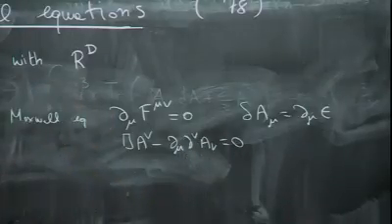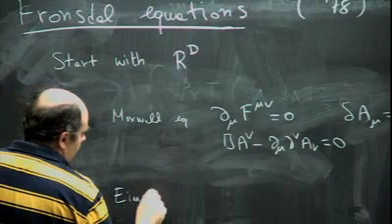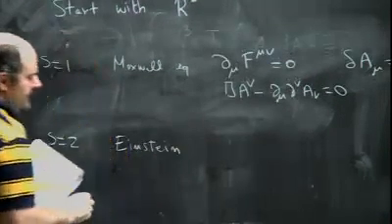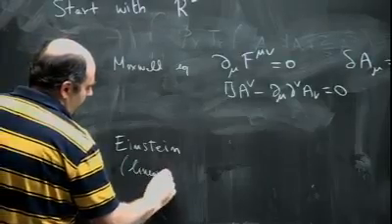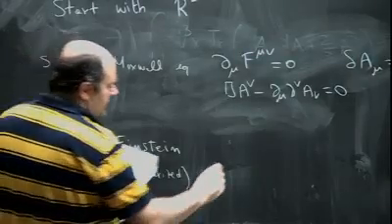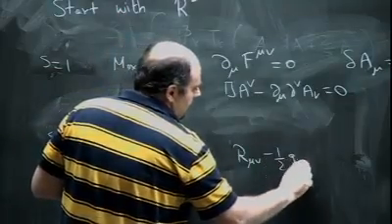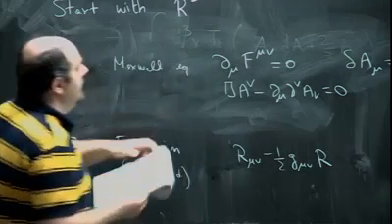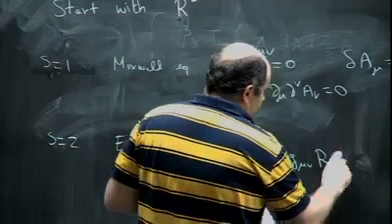For spin 2, we have Einstein. Now I'm just discussing free fields for now, so we want linearized Einstein. The Einstein equations with zero cosmological constant, now I'm focusing on R^D for now, are just this.